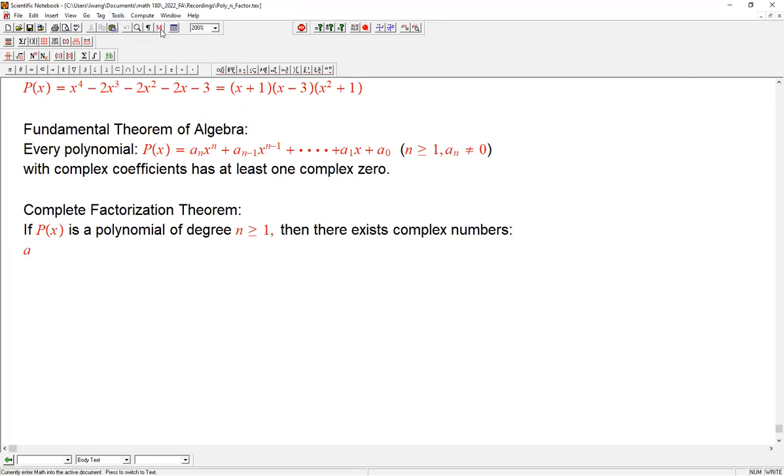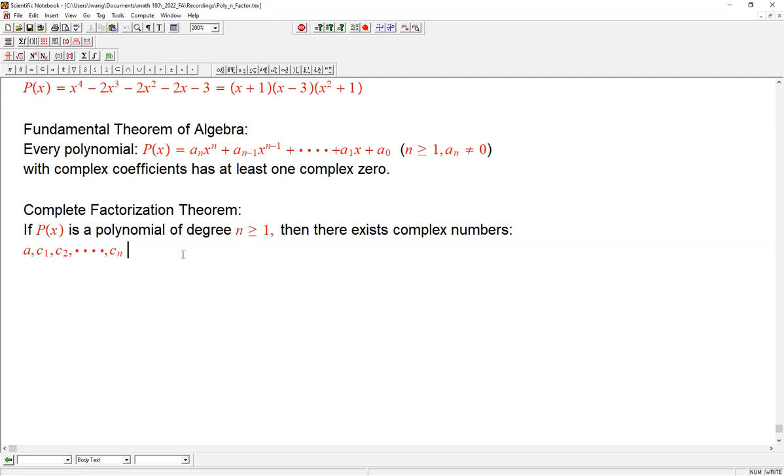Complex numbers a, c sub 1, c sub 2, and all the way to c sub n. Notice that this n and the degree n are consistent.